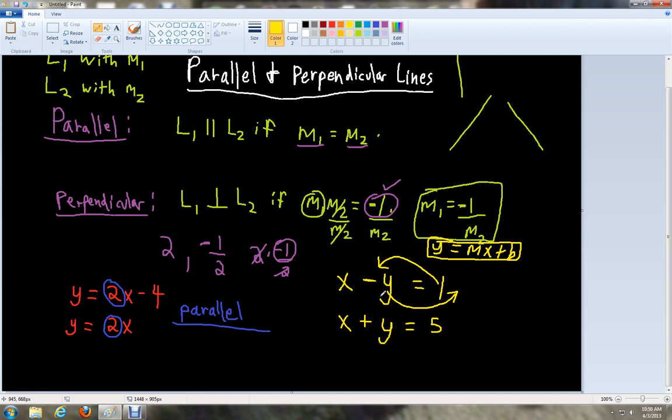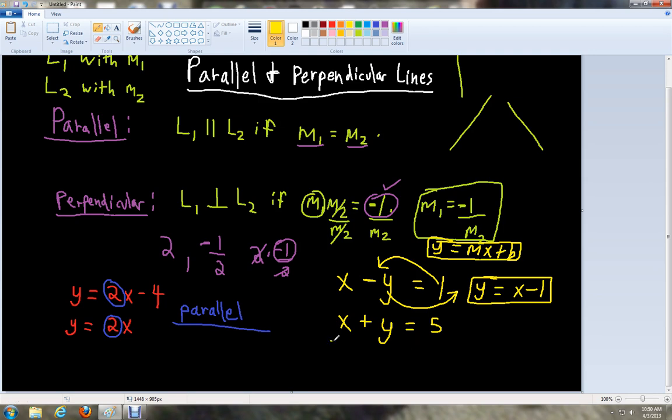So it's kind of like you're trading spots and then signs of the terms. So you're just going to get y equals, so that's positive y equals x, and then this will become minus 1. So it's kind of like a quick switcheroo. Y equals x minus 1.